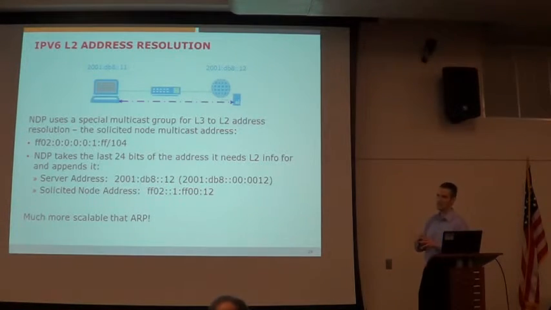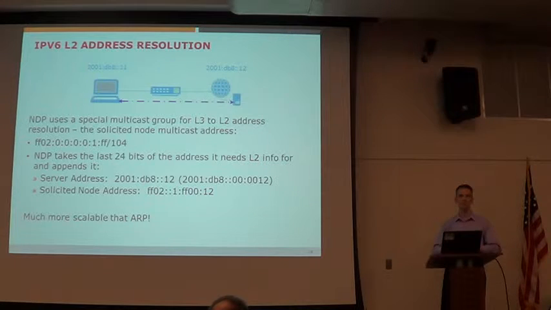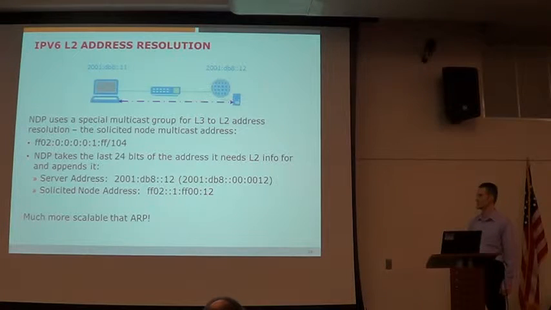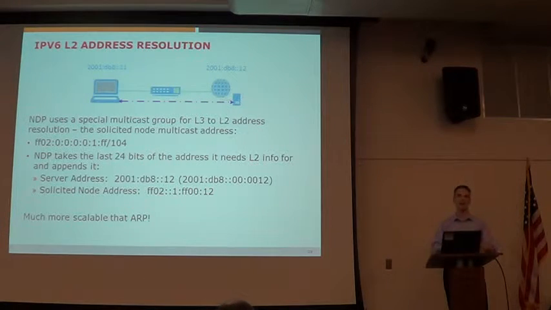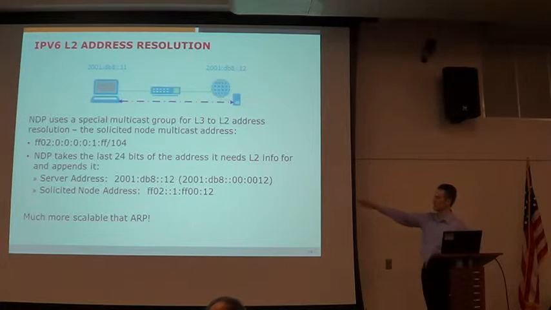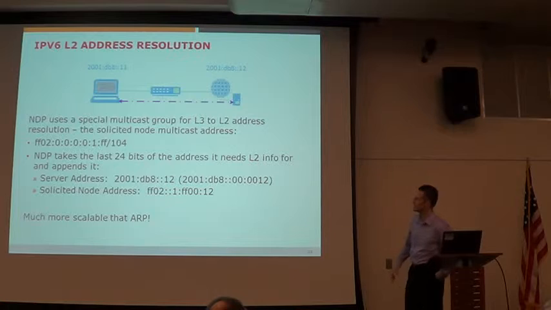So in IPv6, when I want to do this hardware address resolution, only a small number of nodes are going to hear the request. So it's far more scalable. Eventually, in the next 10 to 20 years, when we start retiring IPv4, the networks are going to be far more scalable because we won't have nearly as much broadcast traffic.